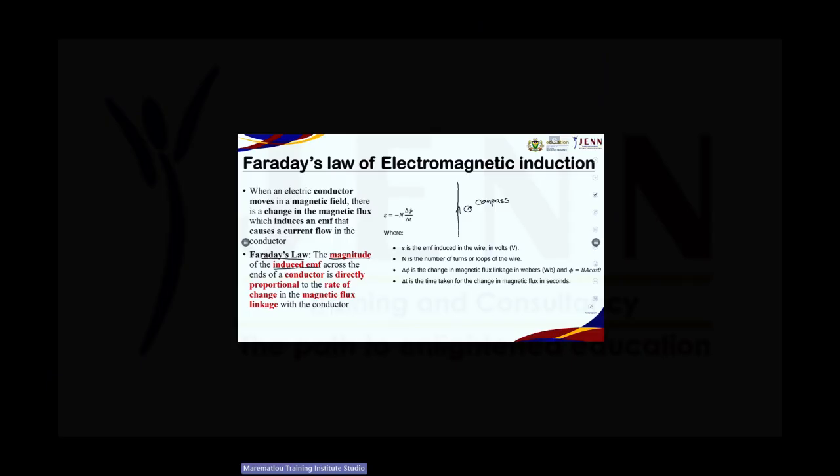If we look at the rate of the change, that is where your coil is going to be rotated. Because the coil is rotated and it cuts the magnetic field lines, that is going to be your magnetic flux. That is why an EMF is going to be induced.